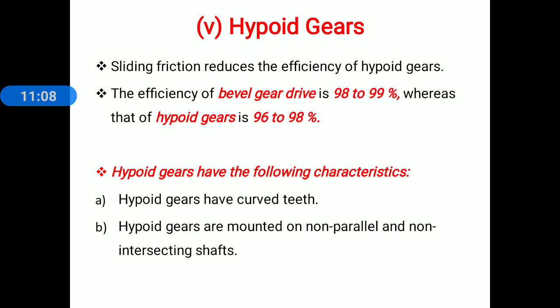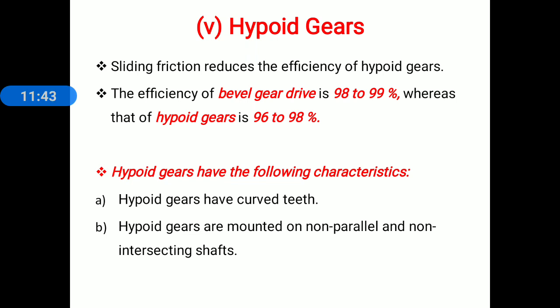Due to curved teeth there is a smooth engagement and it does not create noise, that's why it is used for high speed and high load application. Second characteristic, hypoid gears are mounted on non-parallel non-intersecting shafts. Remember, these are the two important characteristics. Now remember the application. Hypoid bevel gears are mainly used in automobile differential. Remember, hypoid bevel gears are mainly used in automobile differential.